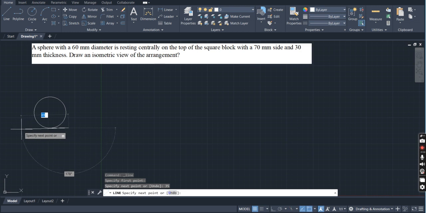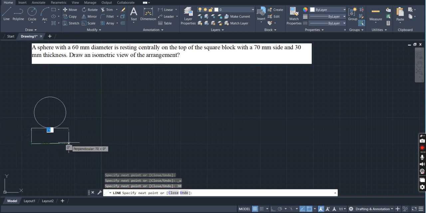Similarly 35 plus 35, 70. Then 70, and the thickness is 30 mm, at 90 degrees, 30, enter.